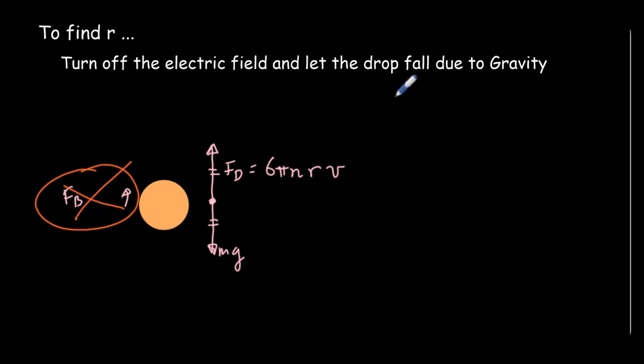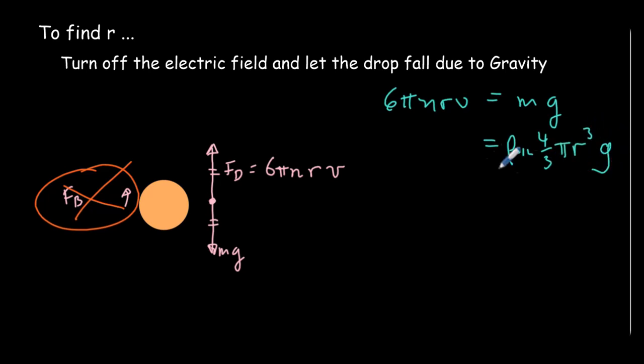So this time we're going to be able to say that 6 pi eta r v equals mg. Same trick as last time for the mass of the drop, so that'll be the density of the oil times 4/3 pi r cubed g. On this side we've got 6 pi, viscosity of air, the radius of the drop, and that terminal velocity.